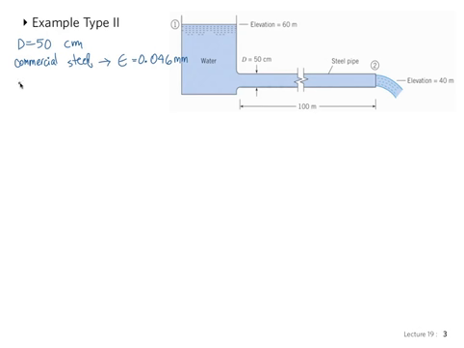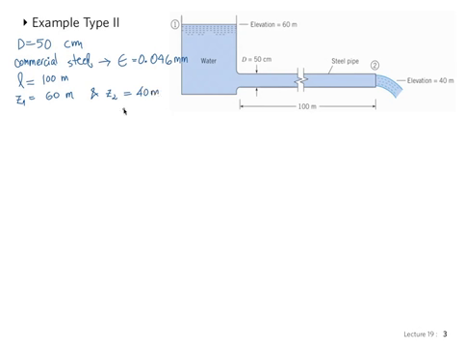The length of the pipe system is 100 meters. We're given an elevation of 40 and an elevation here of 60 from the top of the tank to the pipe center line. And so let's call this, we got a 1 here, so let's call that Z1 equals 60 meters and Z2 equal to 40 meters.